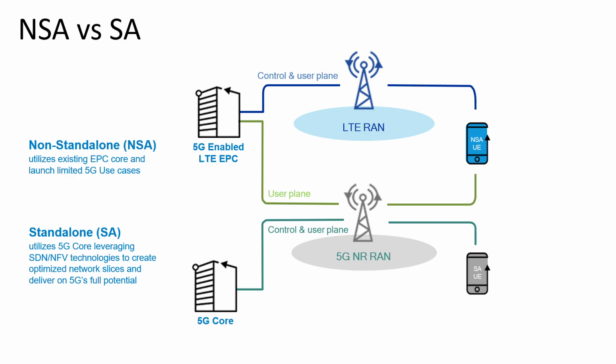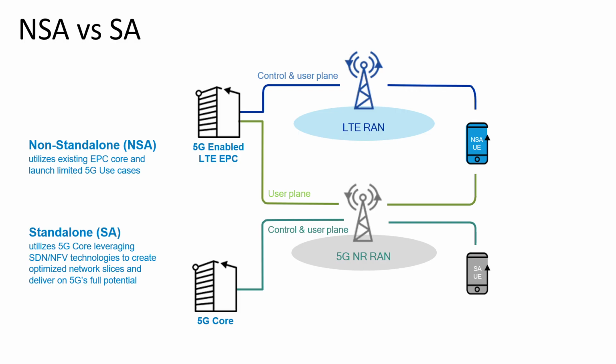So in a standalone architecture, the user will connect to the new radio, which is already there, and this time the new radio will forward the control plane signaling, which was earlier forwarded to eNodeB. Now the new radio can forward that signaling packet directly to 5G core.